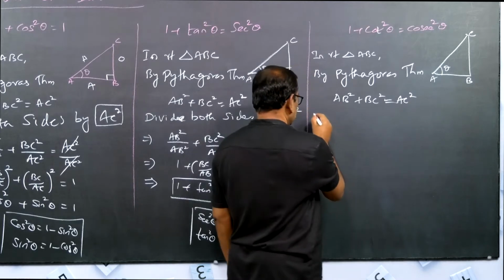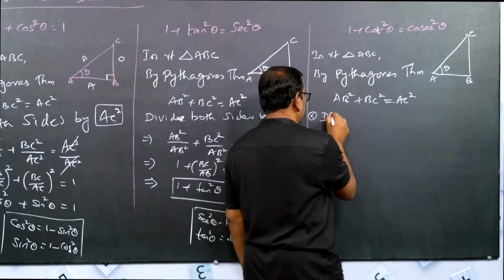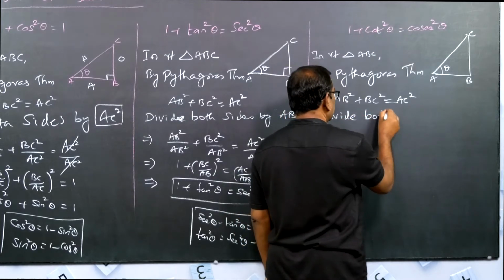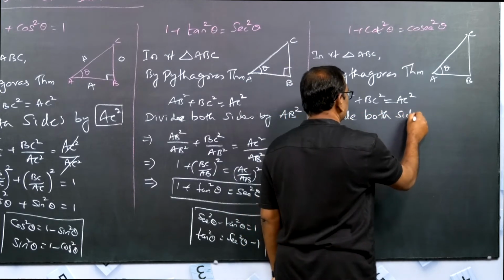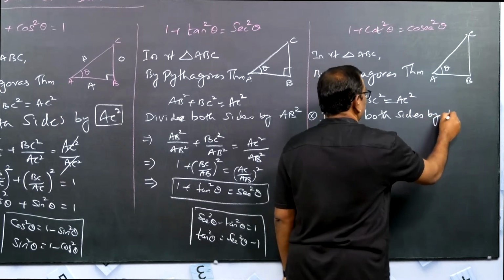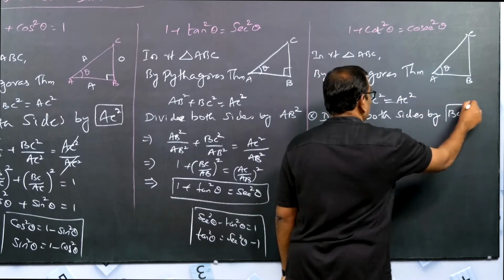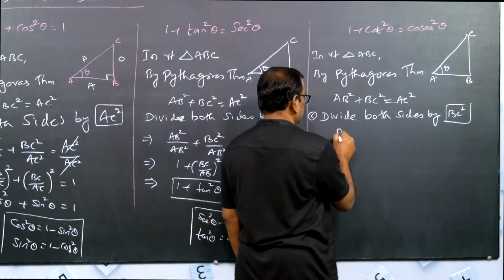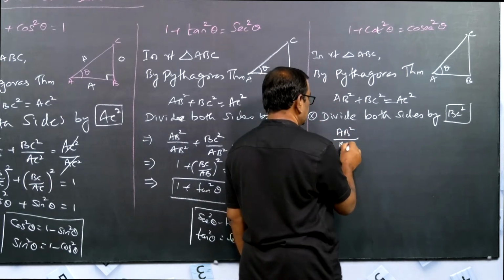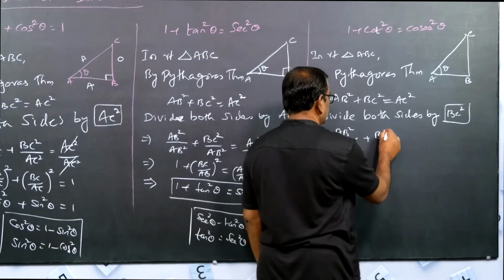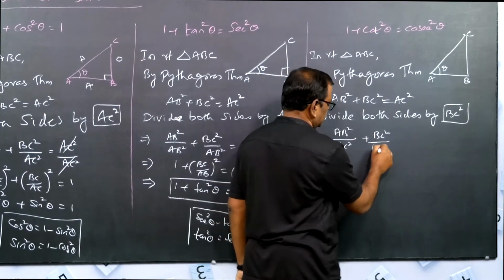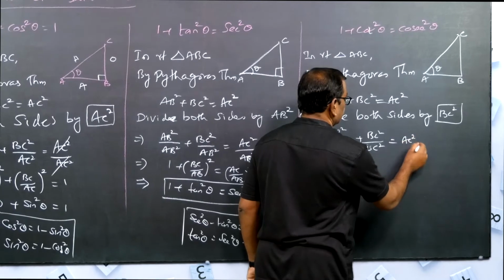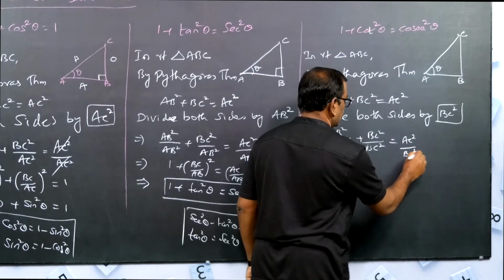But this stage is very important, divide both sides by BC square. So this implies AB square by BC square plus BC square by BC square and AC square by BC square.